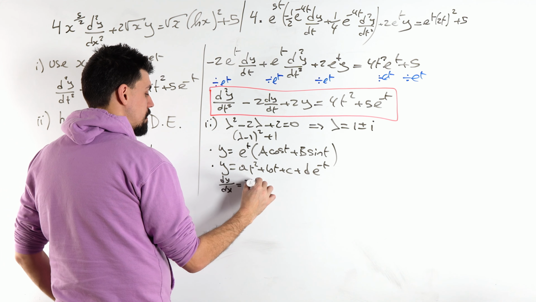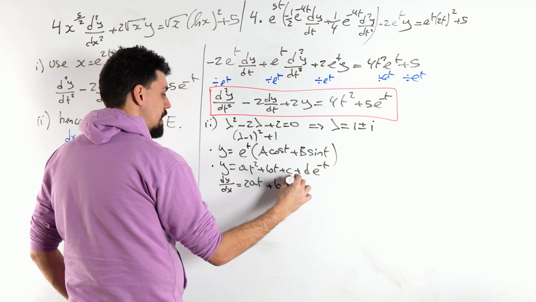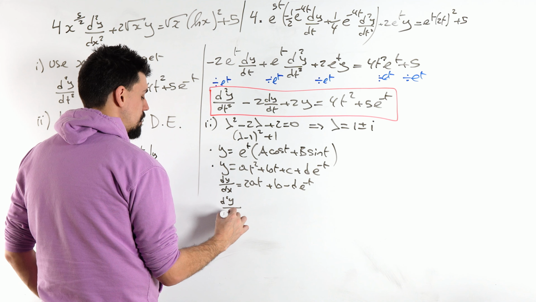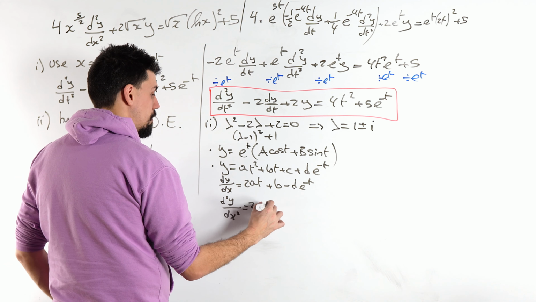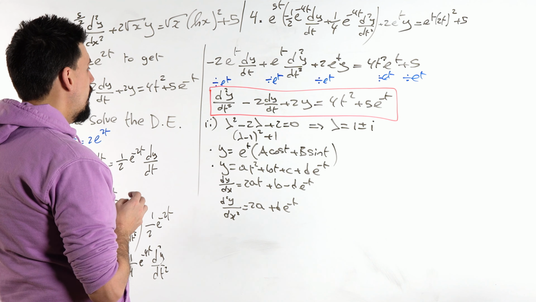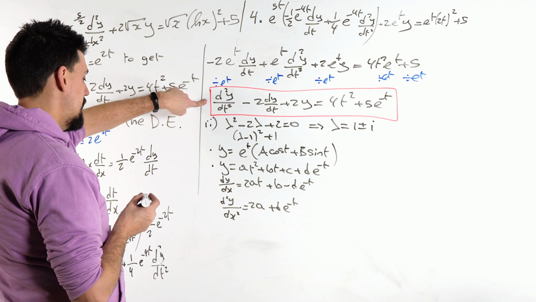dy/dx is 2at plus b minus d e to the minus t. d2y/dx squared is 2a plus d e to the minus t. Now let's plug all of that back into here.